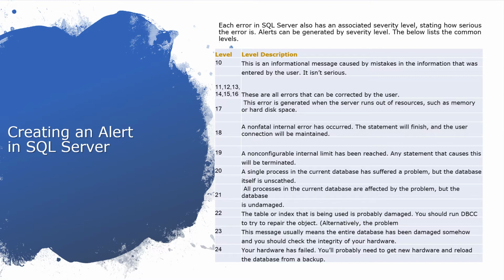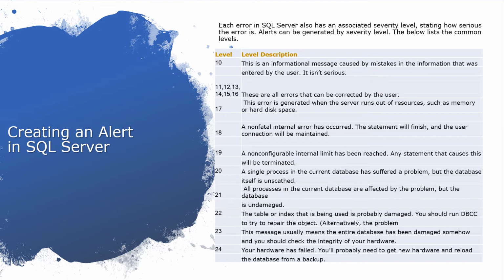Levels 11, 12, 13, 14, 15, 16: these are all the errors that can be corrected by the user. 17: this error is generated when the user runs out of resources such as memory or hard disk space. 18: a non-fatal internal error has occurred. The statement will finish and the user connection will be maintained.